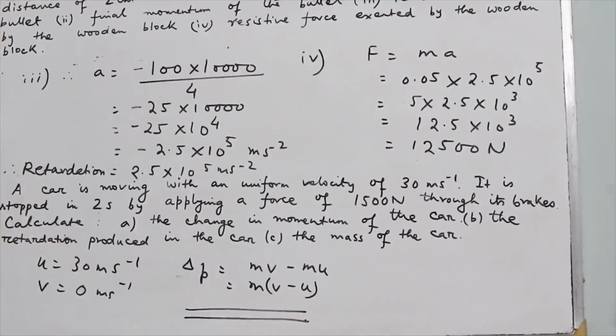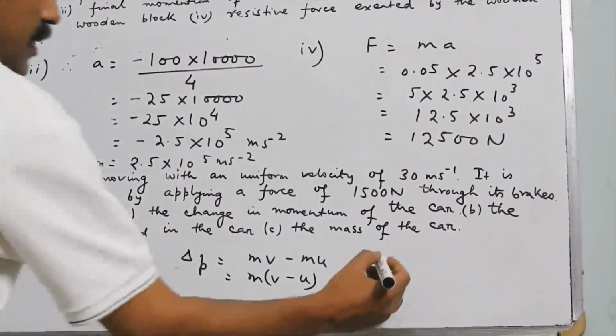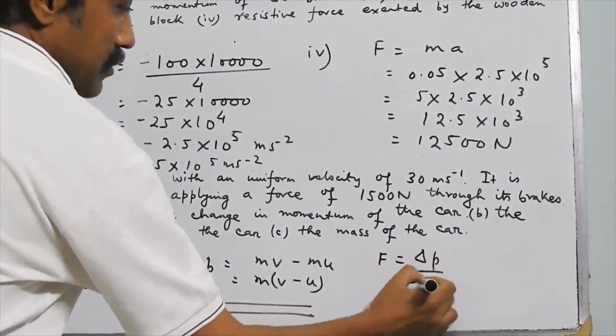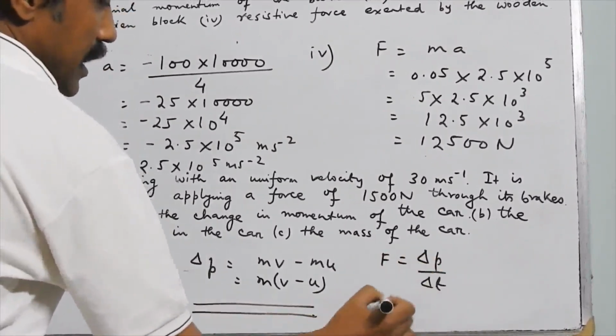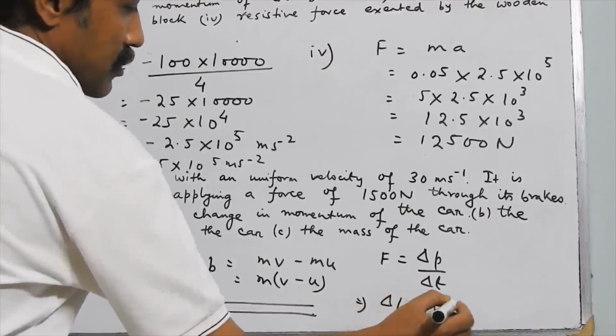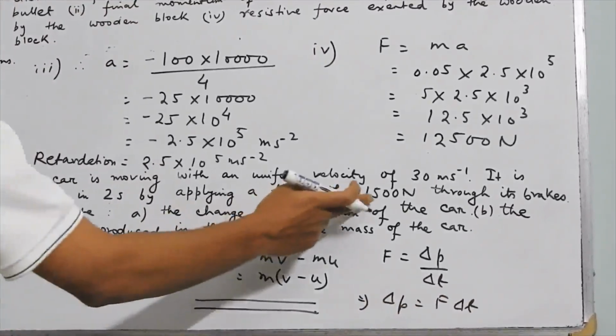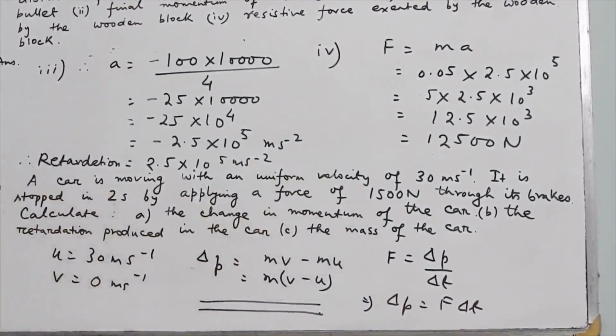Instead, what we can do is, we know that the force is equal to rate of change of momentum. So change in momentum is equal to force into time of impact. If you observe the question minutely, the force is given and time of impact 2 seconds is given.